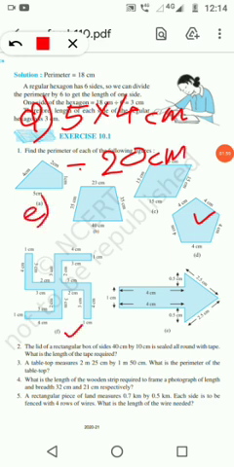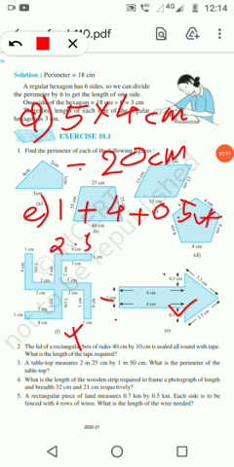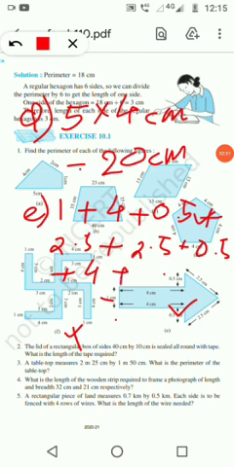E. Not this, E is this. I will start from here: 1 centimeter plus 4 centimeter plus 0.5 centimeter plus 2.5 centimeter. Again the same thing will repeat: 2.5 plus 0.5 plus 4 centimeter plus 1 centimeter.